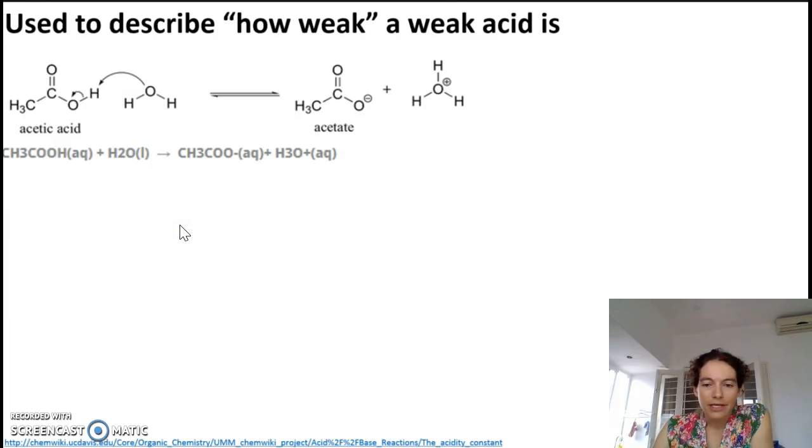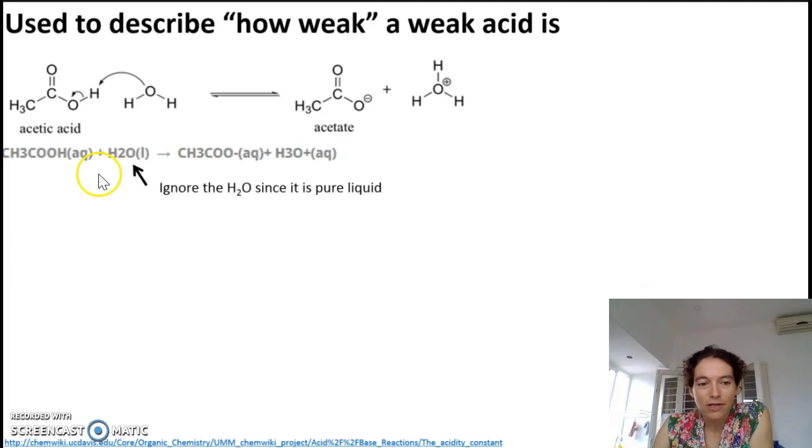So we can use this to describe just how weak a weak acid is, meaning what fraction, what ratio of those molecules actually break apart to form the H+ ion and the conjugate base. And so here's acetic acid. Again, we ignore the H2O.